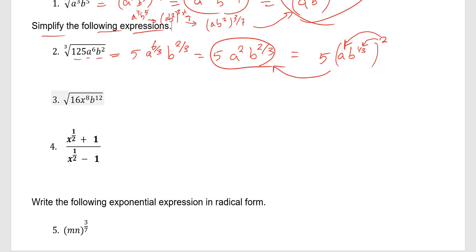The square root of 16 x to the 8th times b to the 12th is equal to, again, distribute the square root to 16, x to the 8th, and b to the 12th.